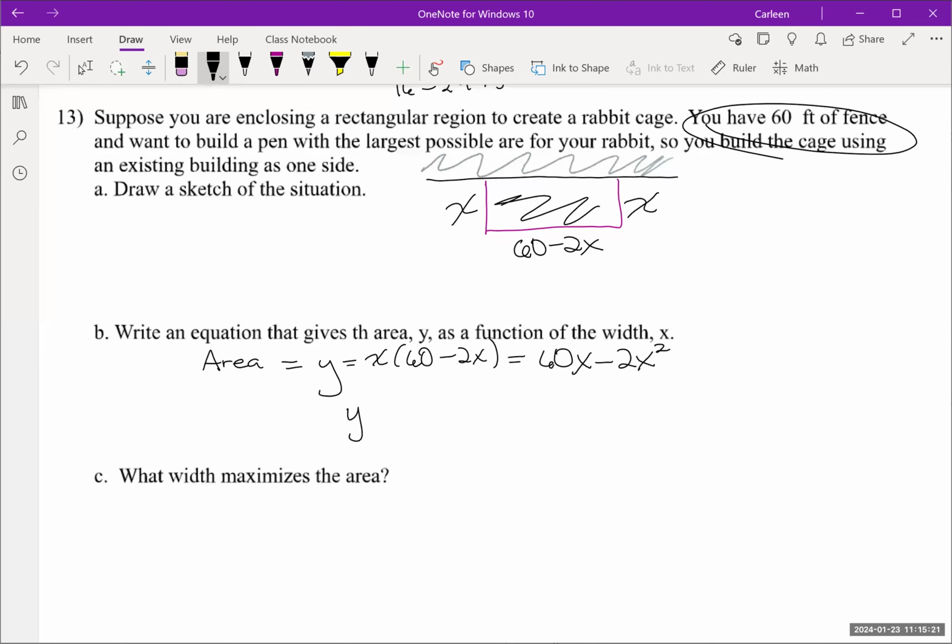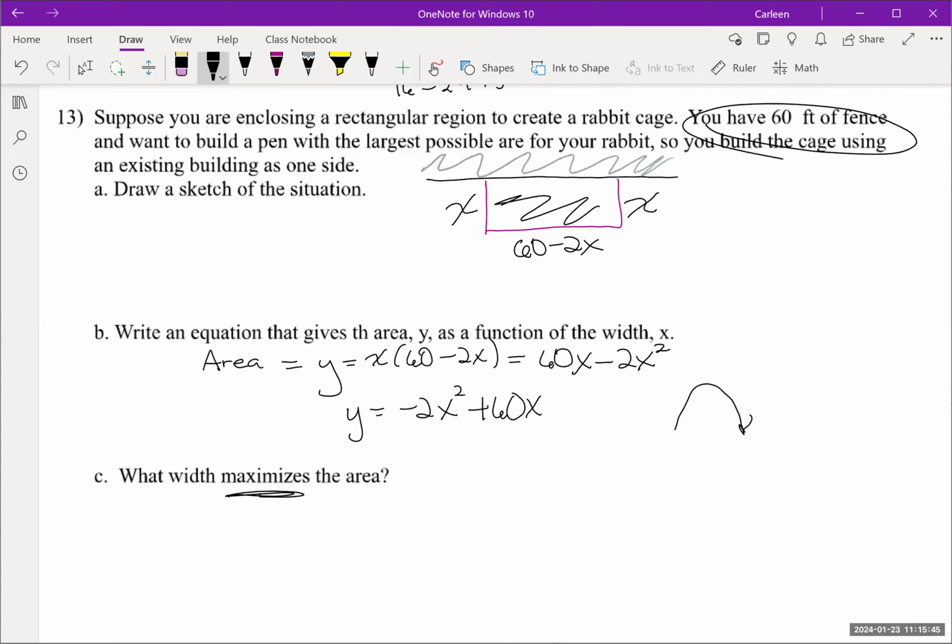I know from past experiences, I'm gonna put it in standard form. Order. Okay, now, I notice there's a negative in front.